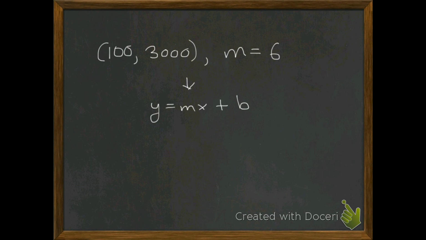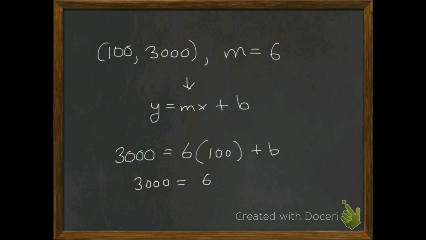So my y value is 3,000. My slope is 6. Boy, isn't it nice when things work out this nicely? Your slope is 6 and not like 4 2/3 or something crazy. All right, gang, so we get 3,000 equals 6 times 100. So we should be very easy to see.